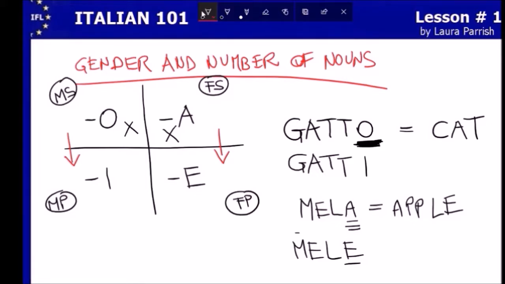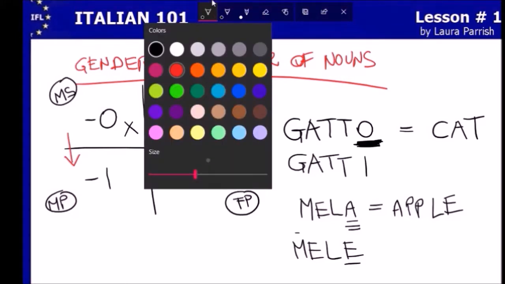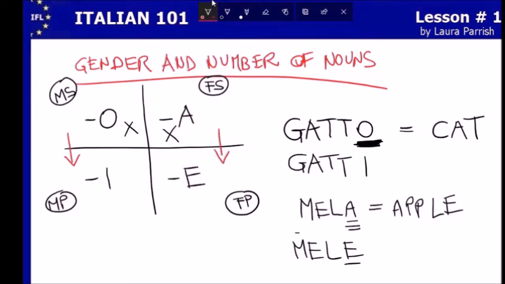Now, one second, before we close, I want to tell you a couple of things, but first I want you to read. Let's read these words after me: gatto, gatto. Remember the vowels, right? How you read them. After me: gatti, gatti.